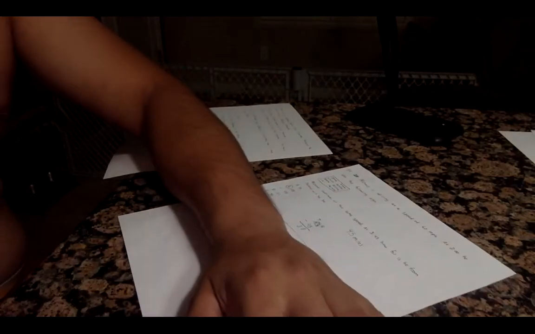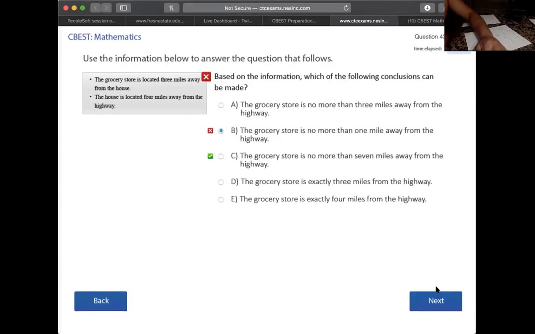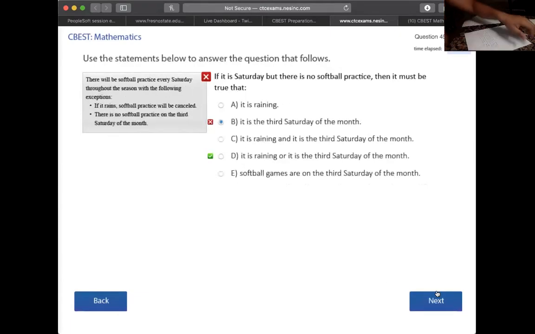So let's go back. Now let's see. Okay, so it's asking, there will be a softball practice every Saturday through the season with the following exceptions. If it rains, softball practice will be canceled. There's no softball practice on the third Saturday of the month.